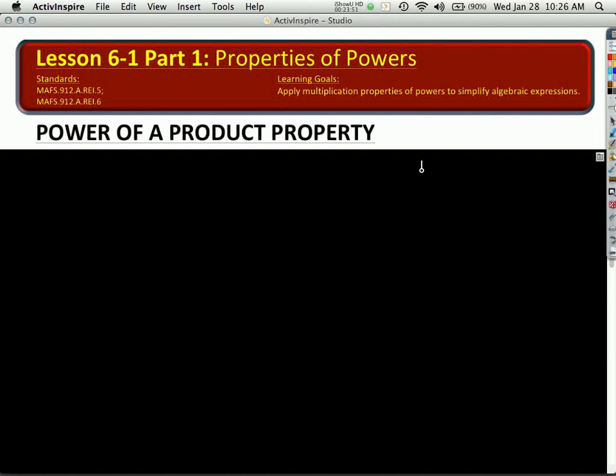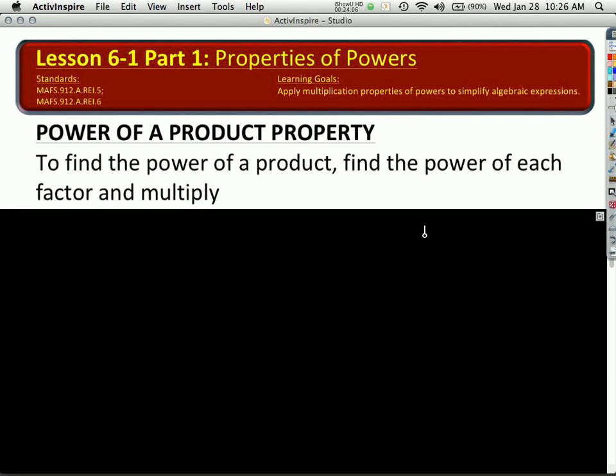The second one was power of a power, and now it's power of a product. Well, guess what? It's all the same words, but the different order makes a difference. Power of a product. Now we have a multiplication problem that's being brought to a power. To find the power of a product, find the power of each factor.